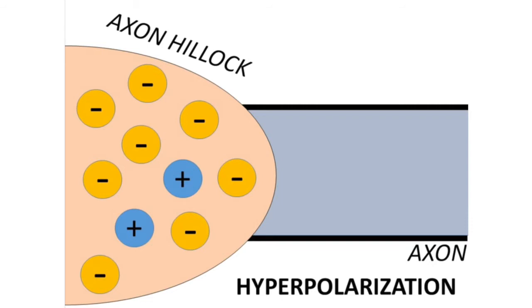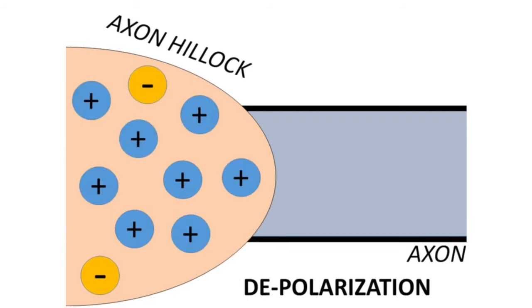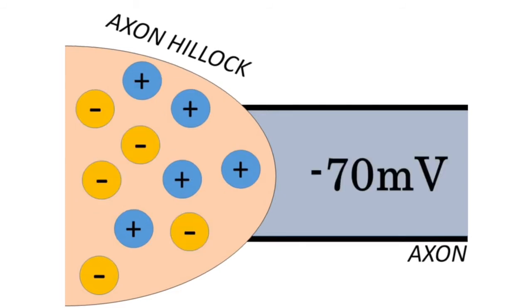However, sometimes a number of positive ions will gather at the axon hillock, thereby making the inside of the neuron less negative than it typically is. Now, this is called depolarization, and it's the key to neuronal communication. So as noted before, the resting potential of a neuron is typically negative 70 millivolts.